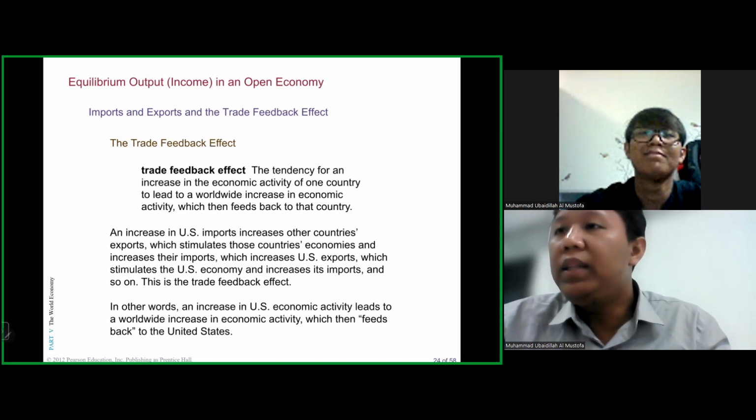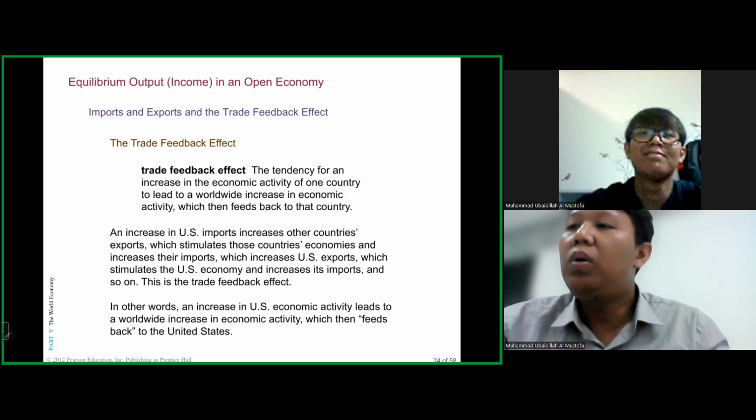So next we have the trade feedback effect. So what is the trade feedback effect? It is the tendency for an increase in the economic activity of one country to lead to a worldwide increase in economic activity, which then feeds back to that country.